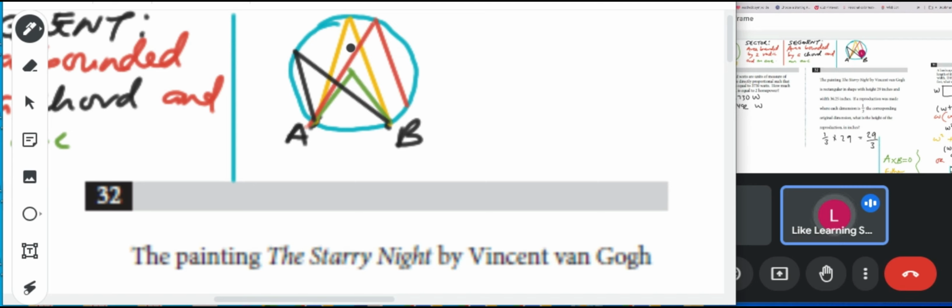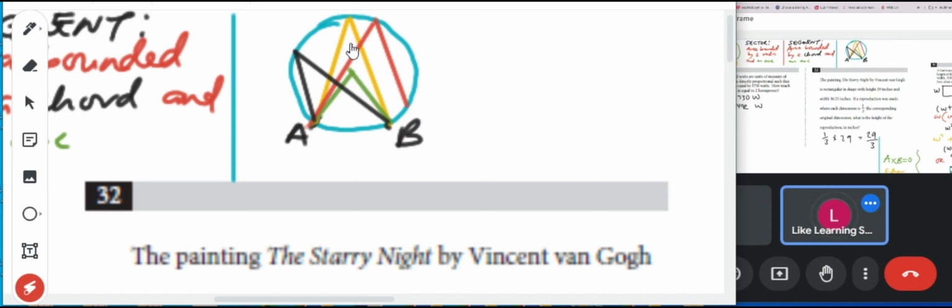I want you to notice something. Which colors are subtended by the same arc AB? You can even say the same arc AB or the same segment, because they are all sitting on the same segment formed here. So which colors are resting on the same arc AB?